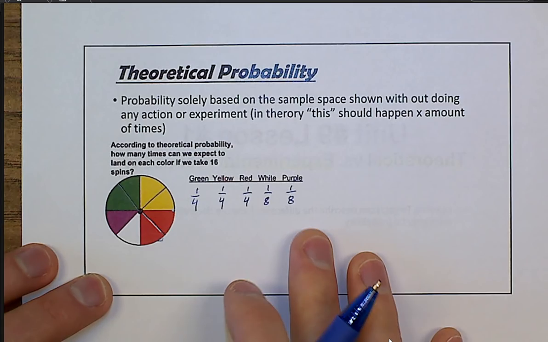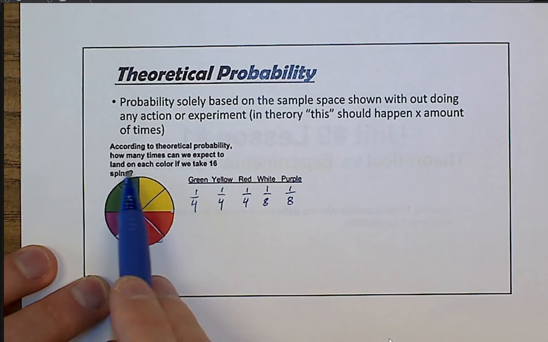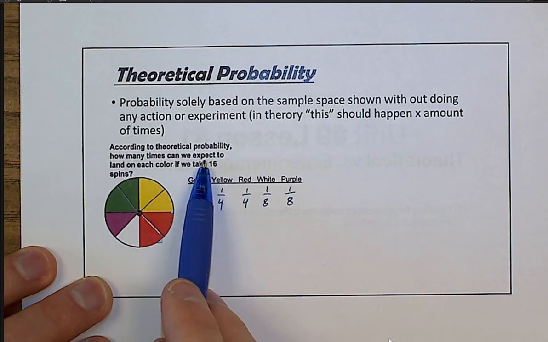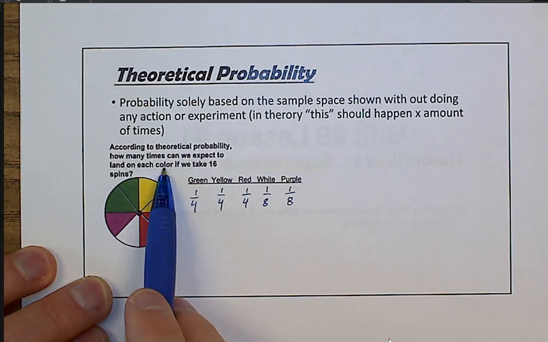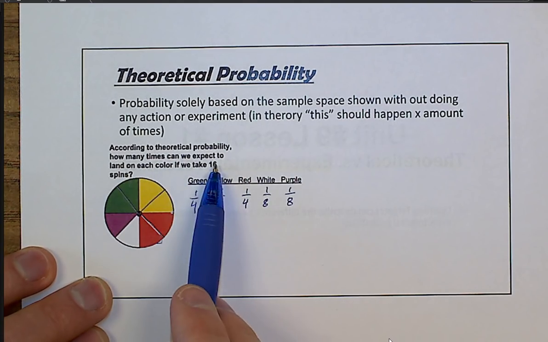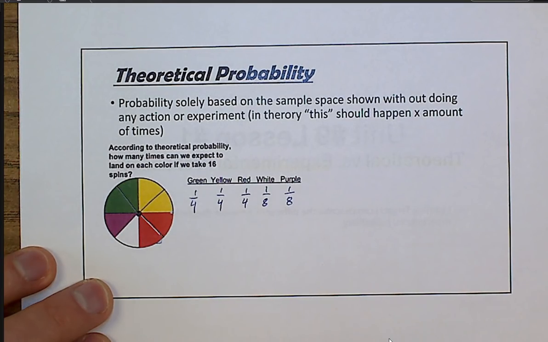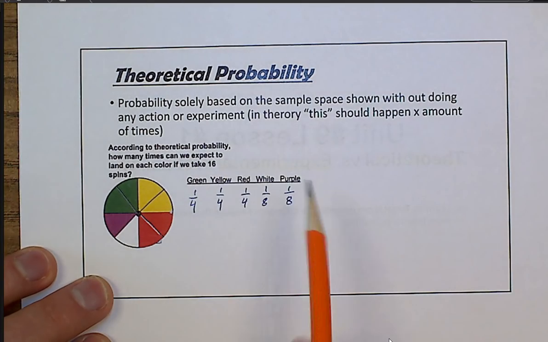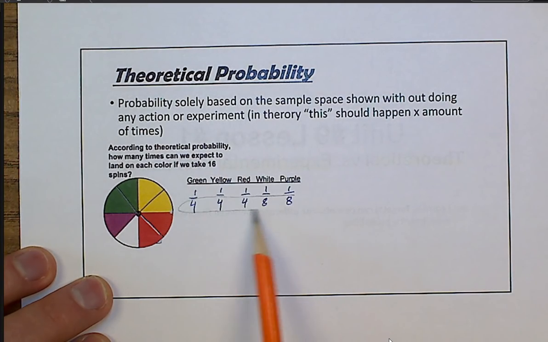But now look, it says according to theoretical probability, how many times can we expect to land on each color if we take 16 spins? So what we want to do is focus on the denominators. We want to make all of these be 16, right?